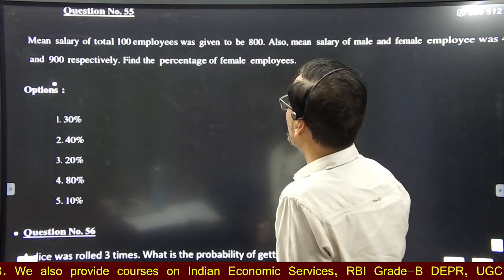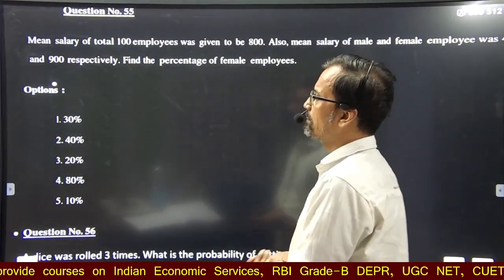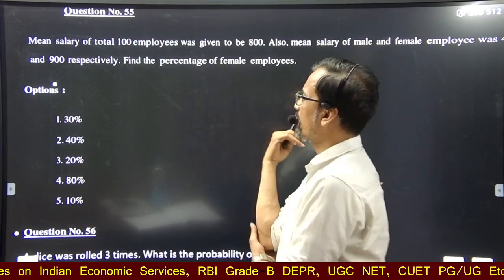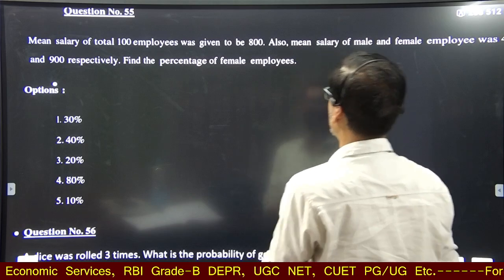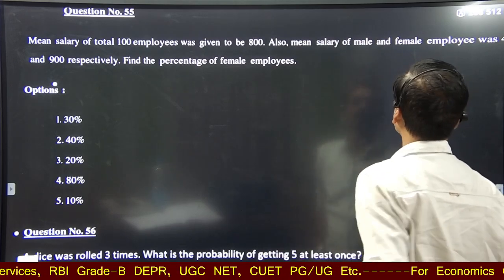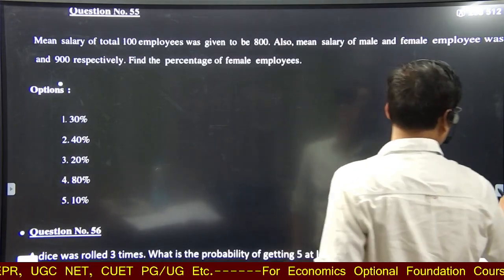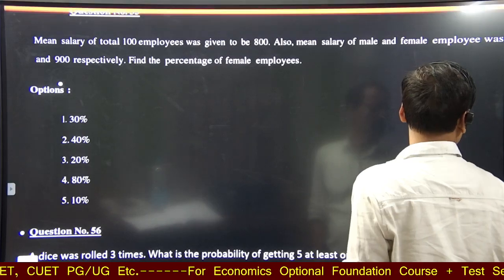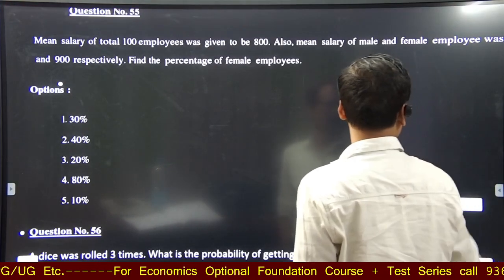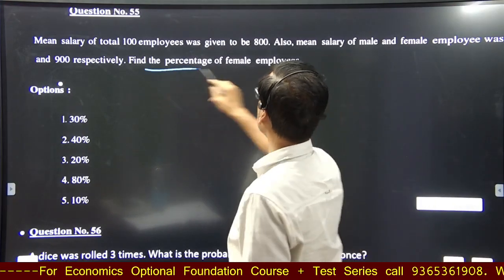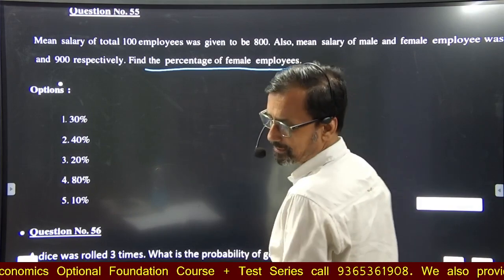This question comes from the combined mean. The mean salary of a total of 100 employees was given to be 800. Also the mean salary of male and female employees was 400 and 900 respectively. Find the percentage of female employees.